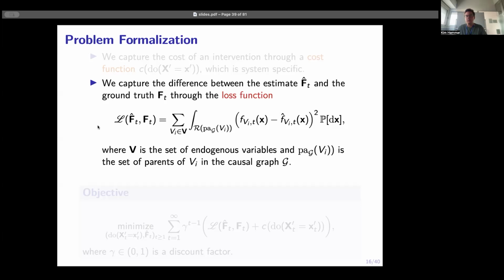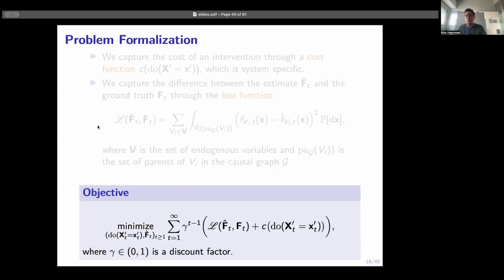And given that loss function and the operational cost function, we are now finally ready to state the problem that we're trying to solve, namely the online identification problem. So this problem is that we want to select a sequence of interventions and estimate a sequence of causal functions that minimize the discounted estimation loss and operational cost over an infinite time horizon.